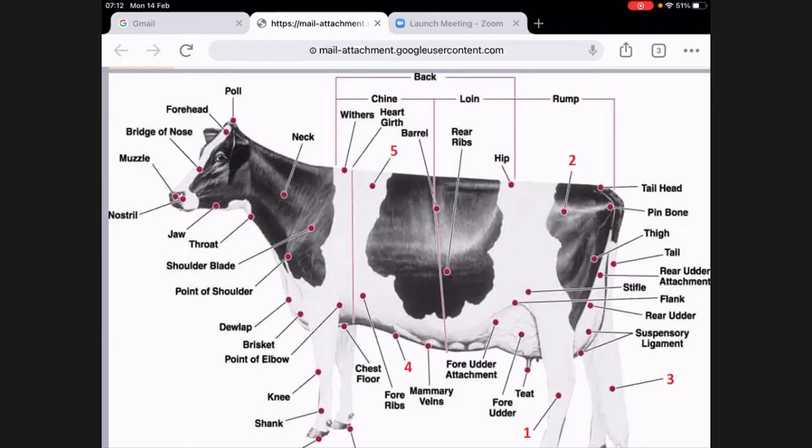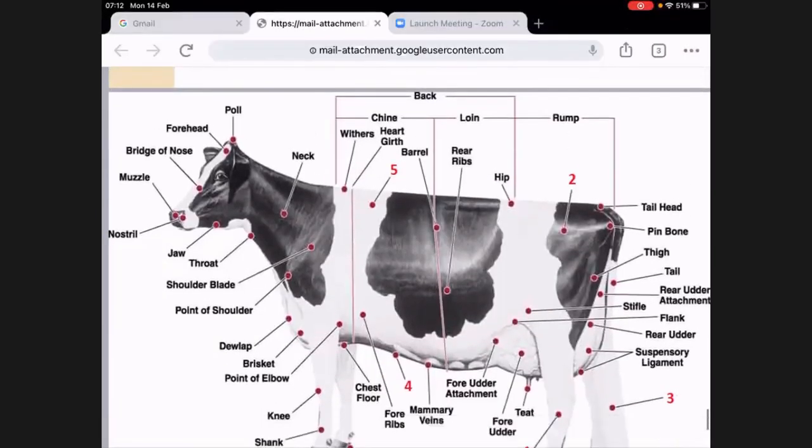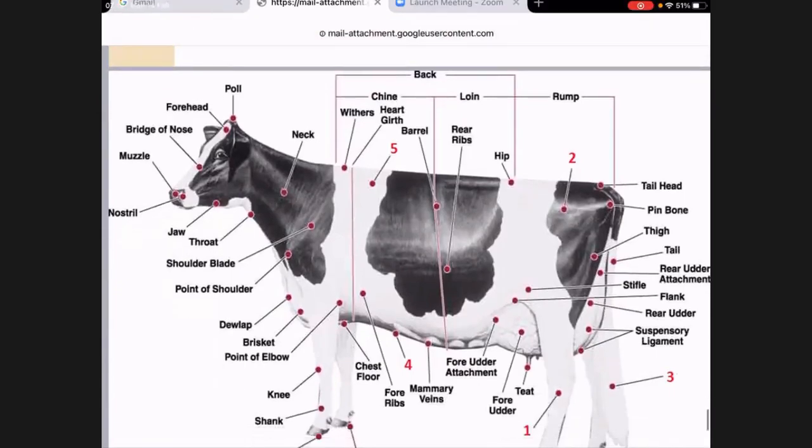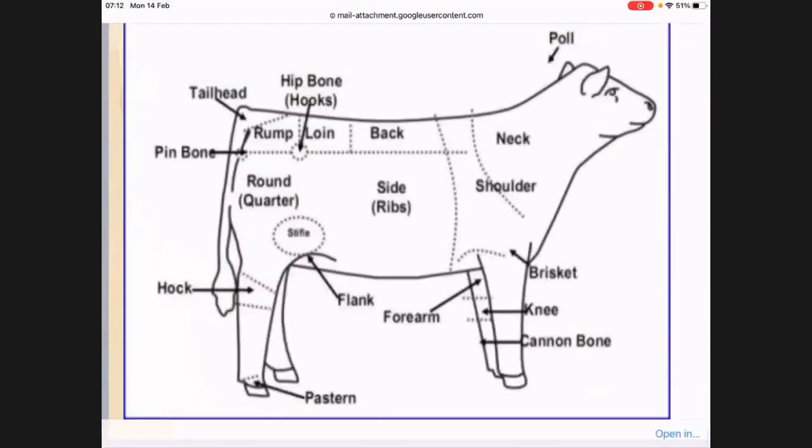Dewlap, which is a skin flap. Brisket, elbow, knee, shank, heel, and the parts like the back, chine, loin, and rump. We will study these in our practical as well. Tail, the head of the tail, the pin bone, thigh region, stifle joint, udder, and so on. You study these things in practical.